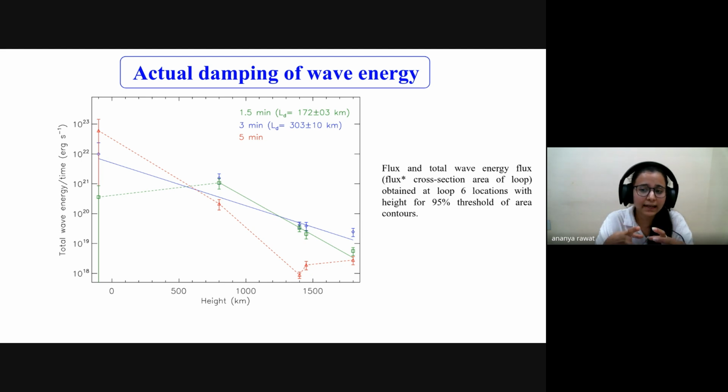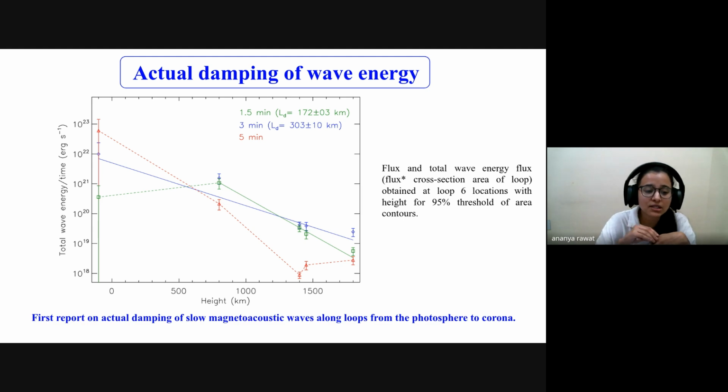When the area divergence has been incorporated, the damping length has increased, which means they are not damping that fast. A significant amount of the damping was due to this area divergence, in which the energy was basically getting redistributed in the loop.